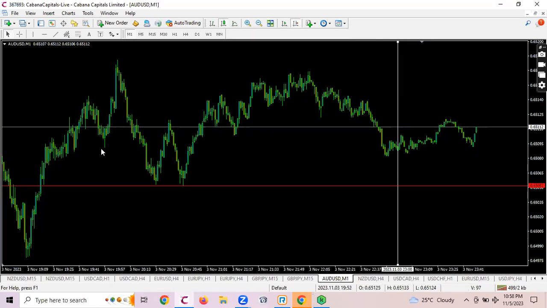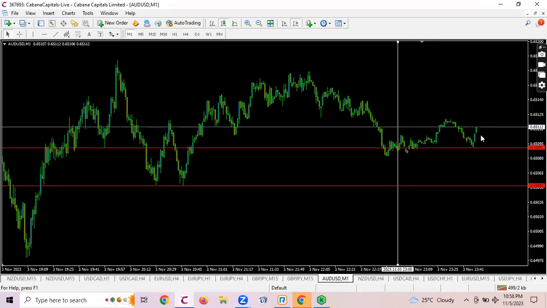I think on 1 minute, there was a change of character at this point. There was a shift in market structure at this level. Maybe this candlestick broke out from this higher low. There was a change or shift in market structure.